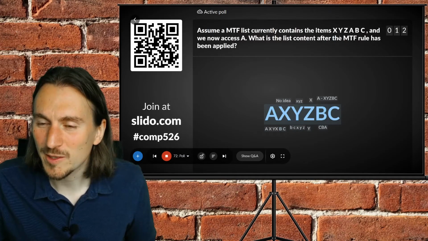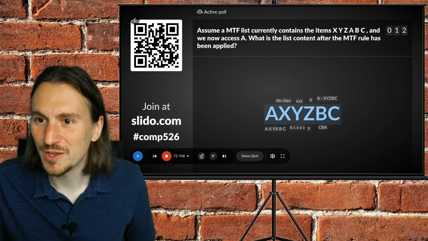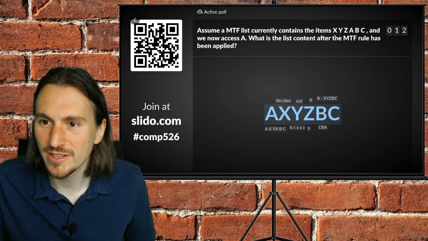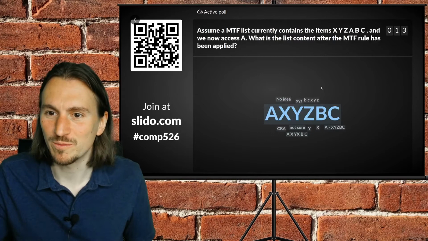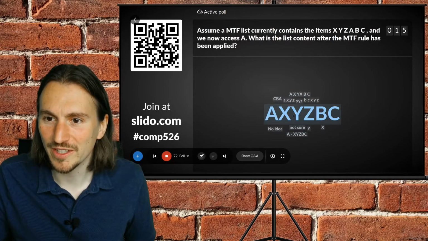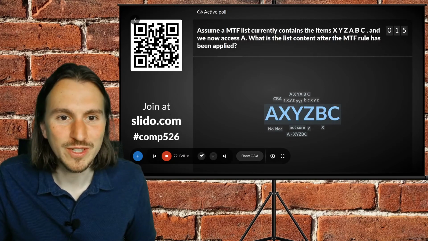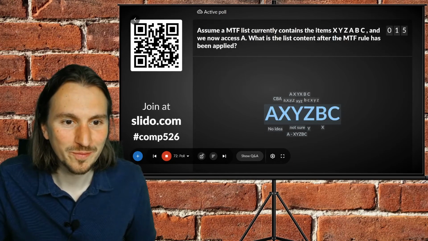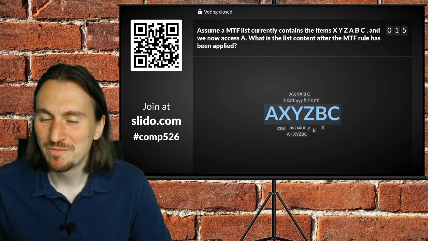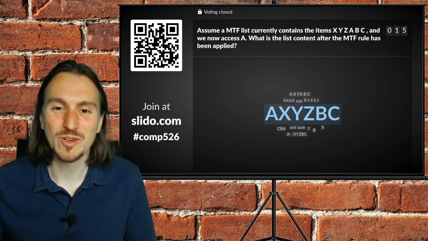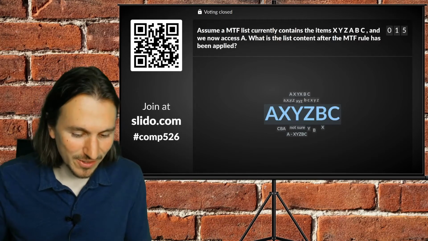It used to be X Y Z A B C. Now we access A, so that means the A is moved to the front, but the rest stays the same. So we have A, X, Y, Z, and then B C is left as it was. Okay, so that's how a move to front works.